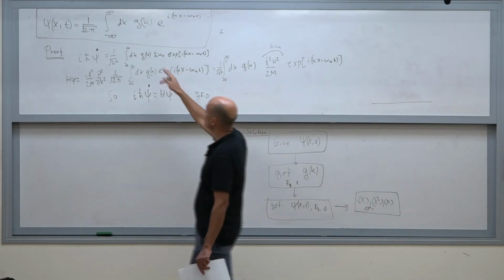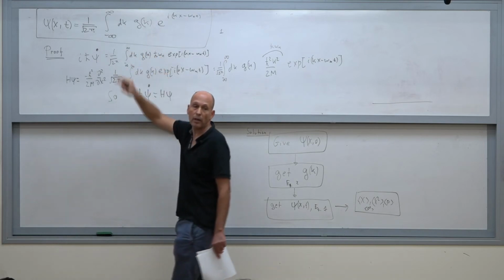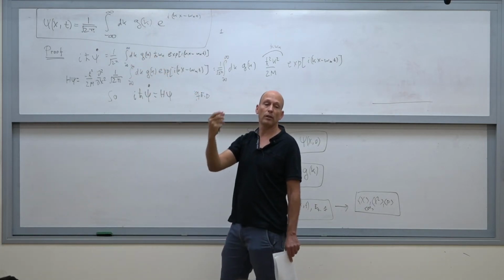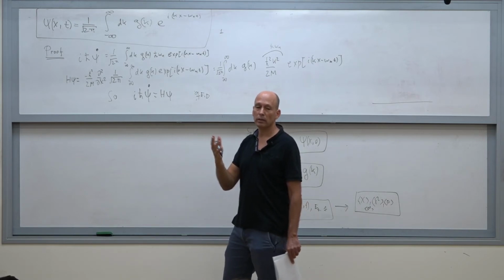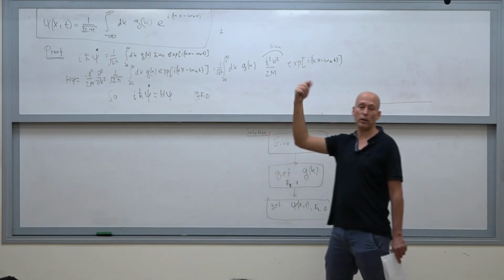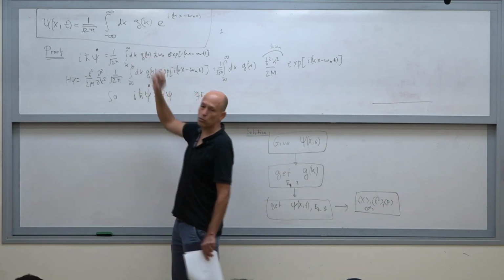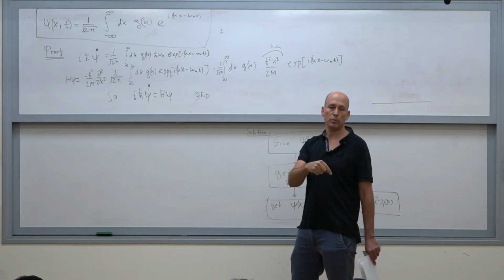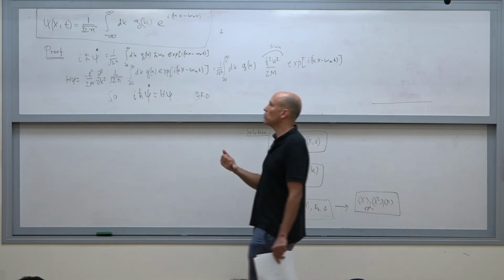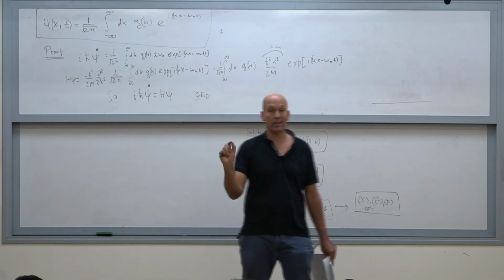But if this is the strength of the wave k, this guy can be complex. What is the probability to measure wave k? What will it be? You can guess. It will be g absolute value squared. So actually this g of k, this is what we are going to show now, is a wave function or amplitude in momentum space. You have a wave function psi of x, t, which is a wave function in coordinate space, in x.